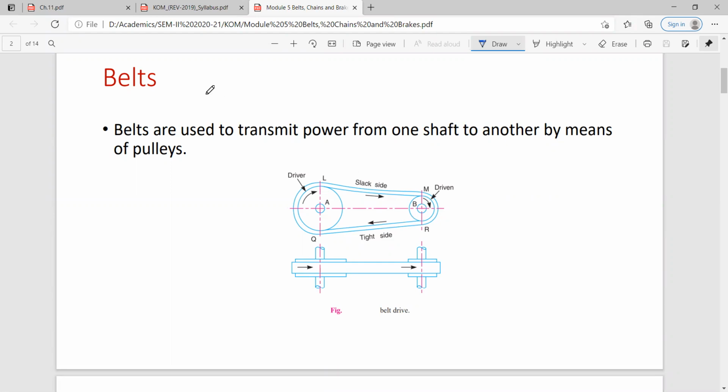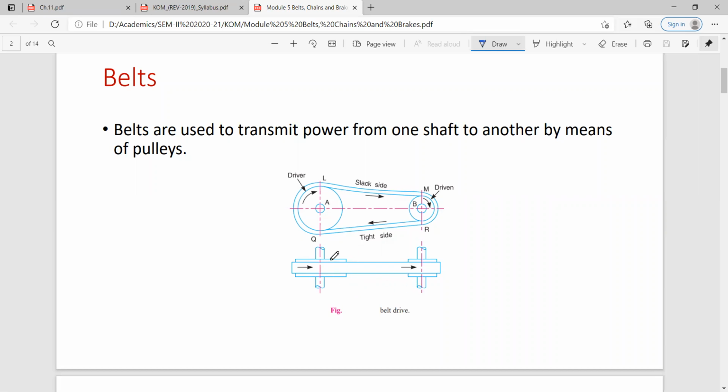Belts offer one of the means to transmit power from one shaft to another shaft. Generally belts are used when power transmission has to be over a longer distance, that is, the distance between the two shafts is quite large.